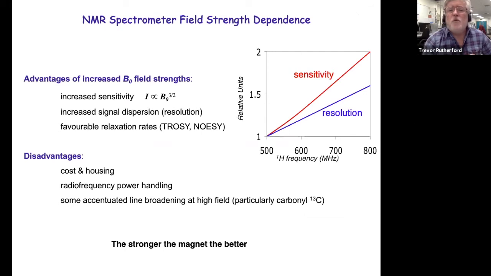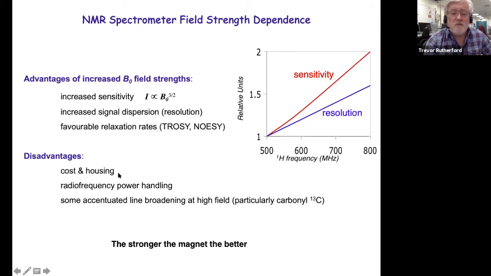Regarding different spectrometers, it is worth saying very briefly what the relative merits of going to different field strengths are. If we go to increased field strength, we get increased sensitivity. Basically, you increase the polarization difference between those two energy levels, and you increase the signal dispersion. You can get some favorable relaxation rates, which I won't say a lot about at the moment. The main disadvantage is the cost.